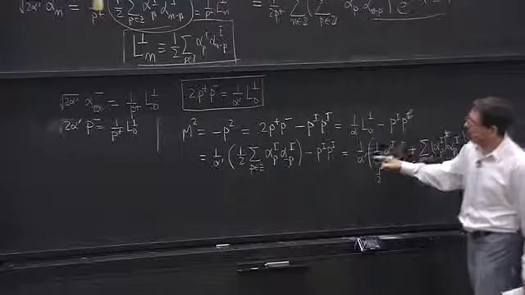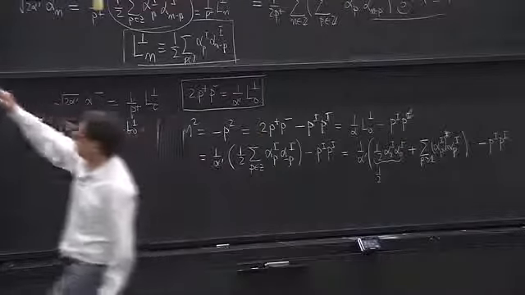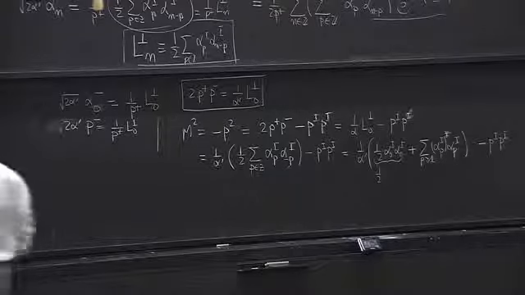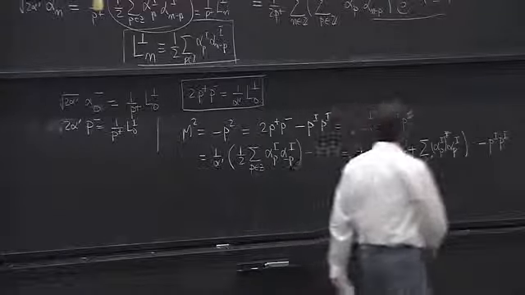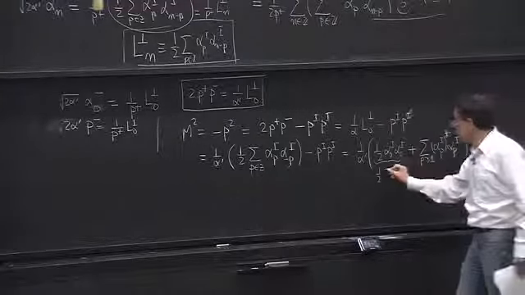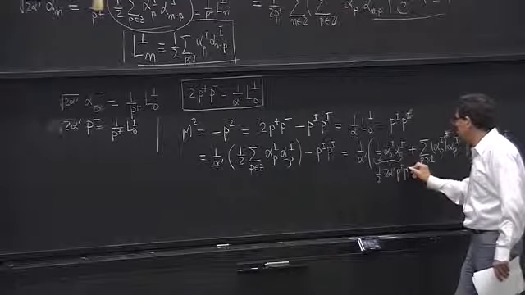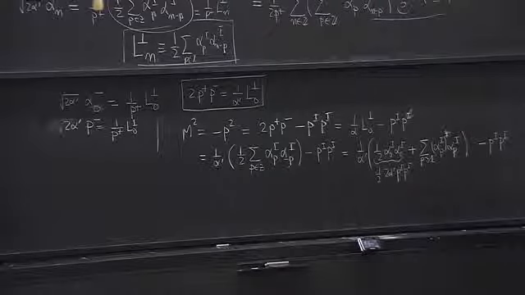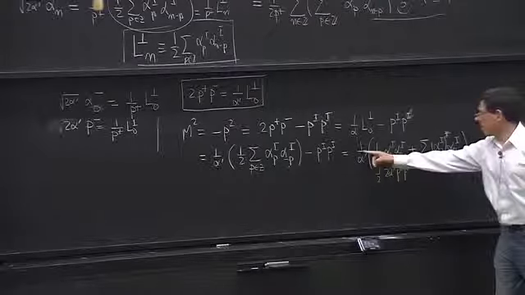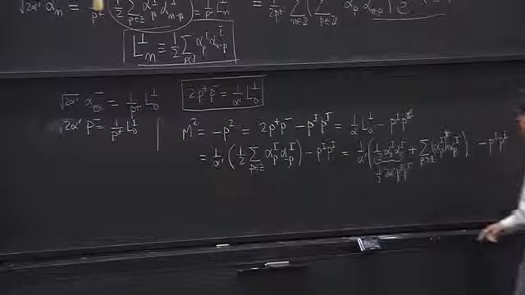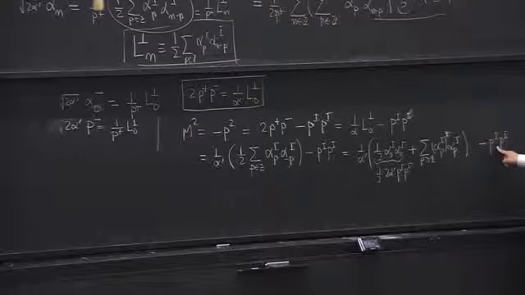Remember, alpha_0^I is square root of 2 alpha prime p^I. And with an alpha prime here, these 2's cancel, and this cancels with that.